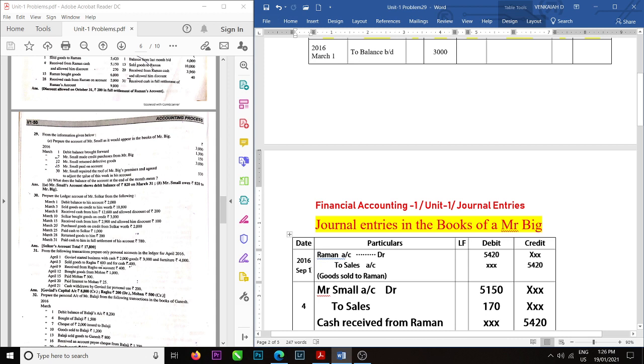Month is March. First entry is Mr. Small account debit to sales account. Amount is 1500. Goods sold to Small.